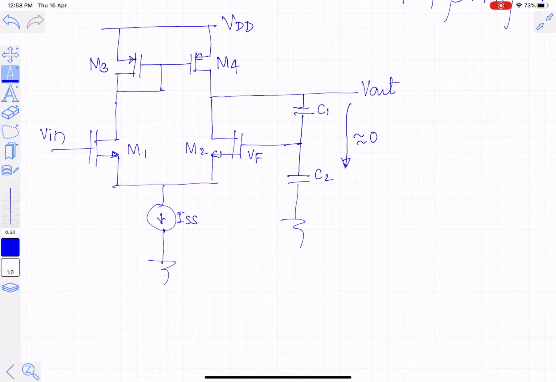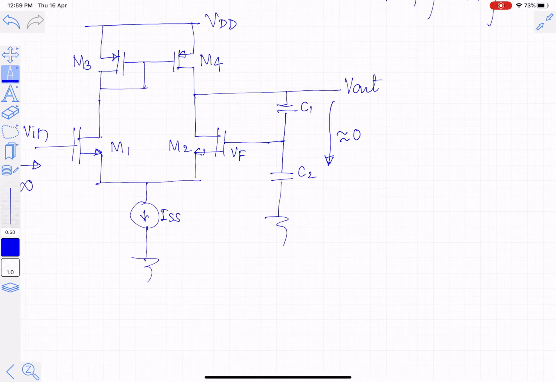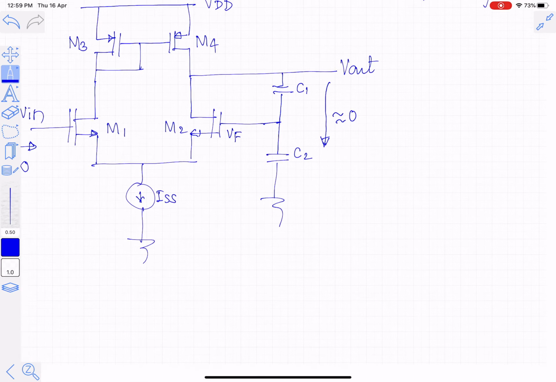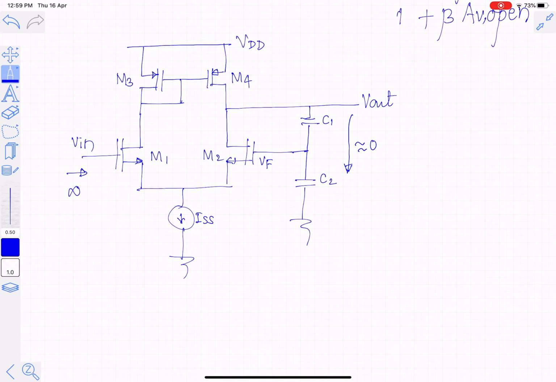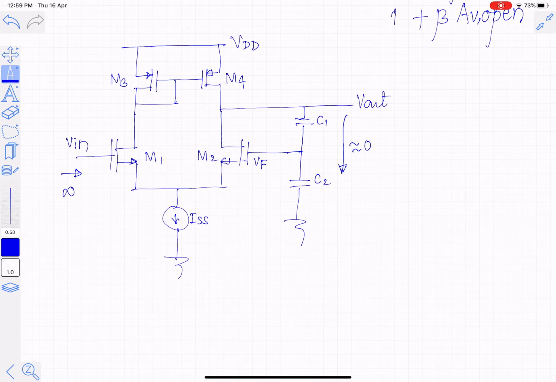Now suppose we have to find out. In this case, we can see that this input impedance is infinite, so we don't have to calculate it. Even after feedback, input impedance is not going to change, but the closed loop gain and the output impedance we have to calculate in this case. Now we know that two different methods are used.